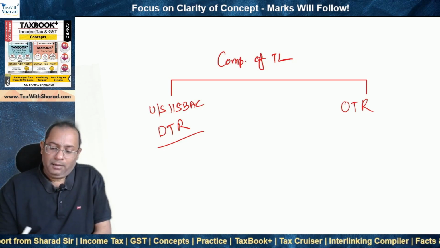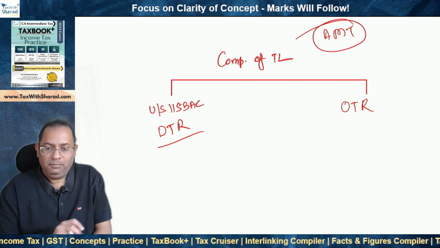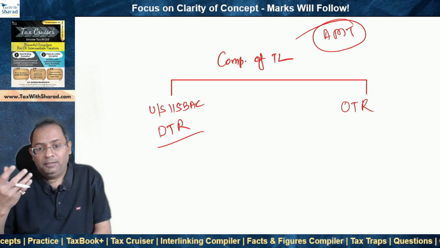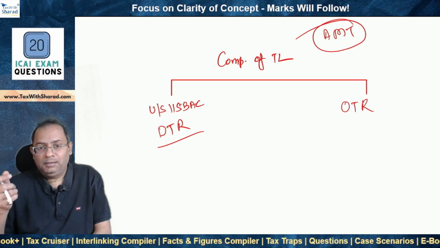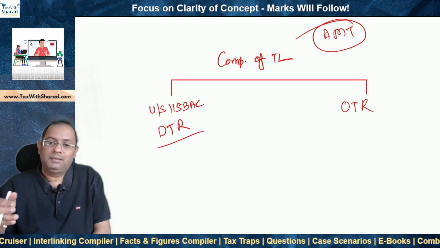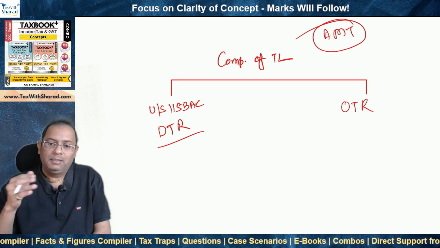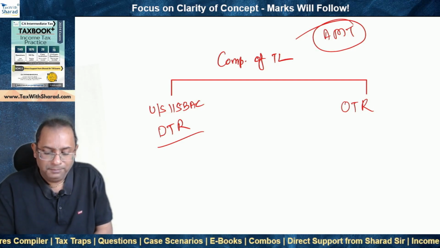There is also an angle regarding AMT, or alternate minimum tax. It's the minimum amount of tax which the SSE is required to pay if otherwise the normal or regular tax liability is below the AMT. In such case, AMT becomes payable because that is the minimum amount the government wants the SSE to pay.